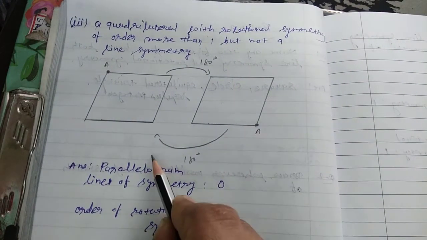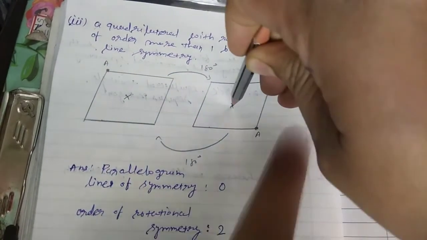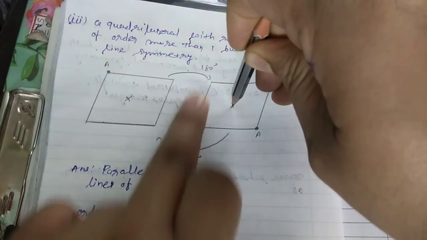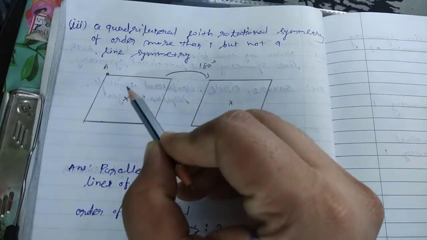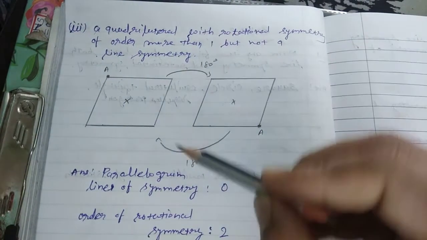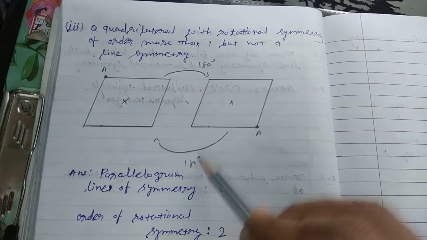Again, we will rotate this parallelogram. This is the center of rotation. From this center of rotation, we rotate the parallelogram by another 180 degrees, and we get exactly the original shape. So the order of rotational symmetry is 2, that is 180 degrees, 2 times.